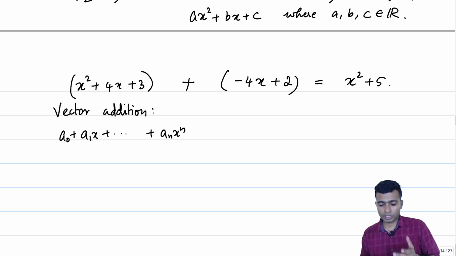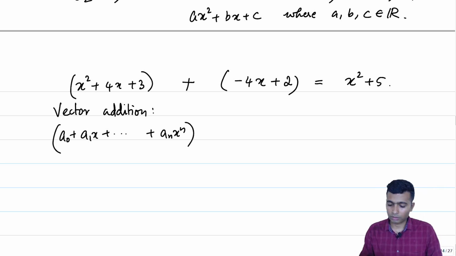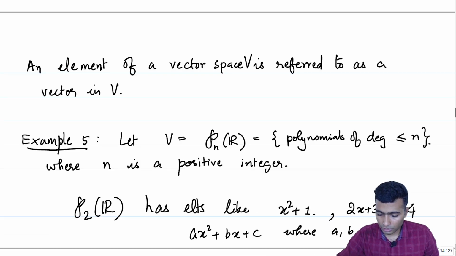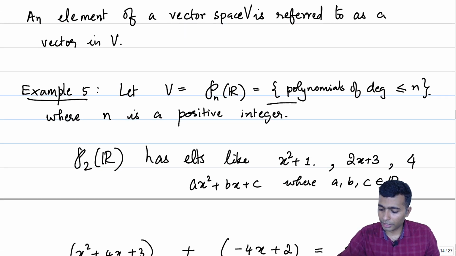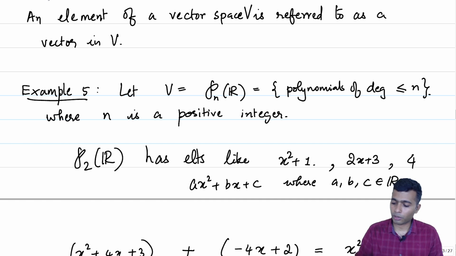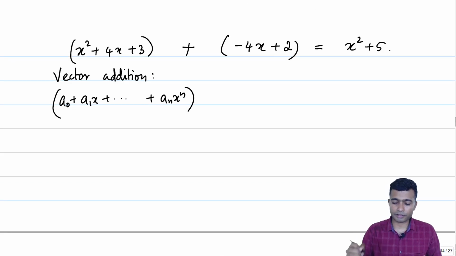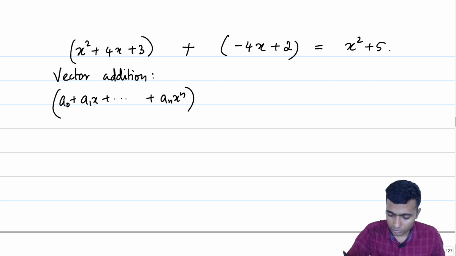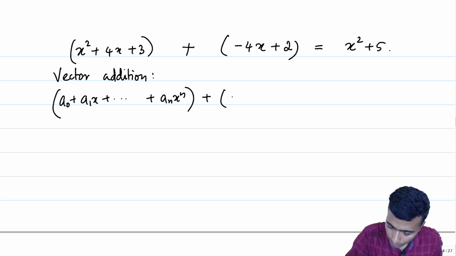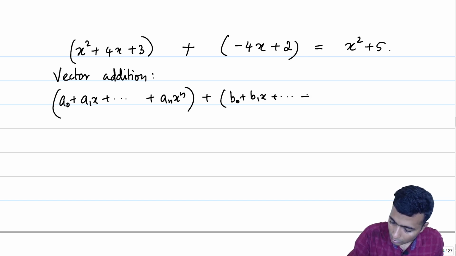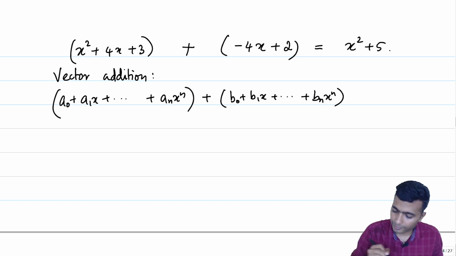This is the expression for an element here, right. Some polynomial of degree less than or equal to n can be represented as a0 plus a1x plus up to an x to the power n, where a0, a1, a2 up to an are all real numbers. This is being added to say b0 plus b1x plus up to bn x to the power n.